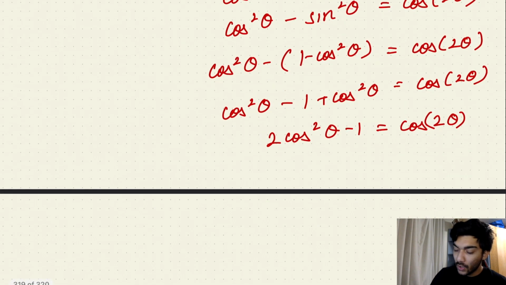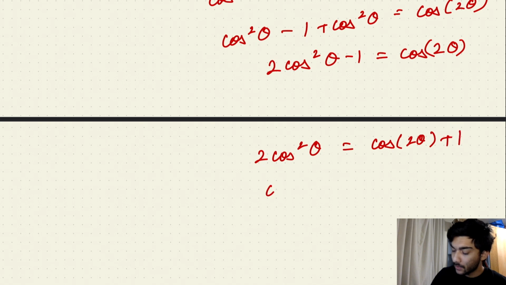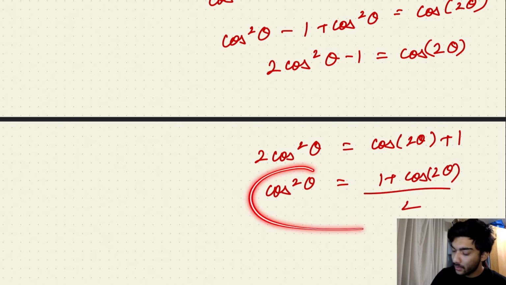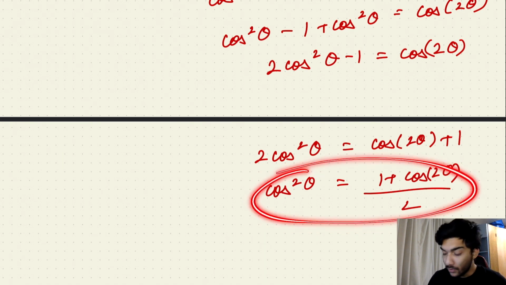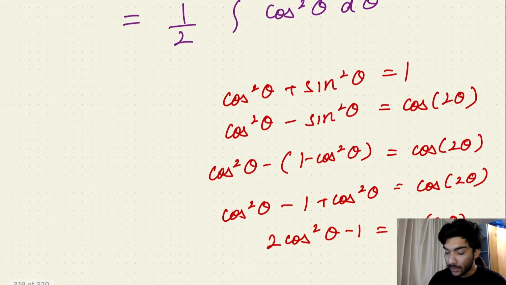And now we want cos square theta over here, which is 2 cos square theta equals cos 2 theta plus 1. And then cos square theta is basically 1 plus cos 2 theta over 2 in this case, right? And that is the formula you already know about, the relation between cos square theta and cos 2 theta, right?